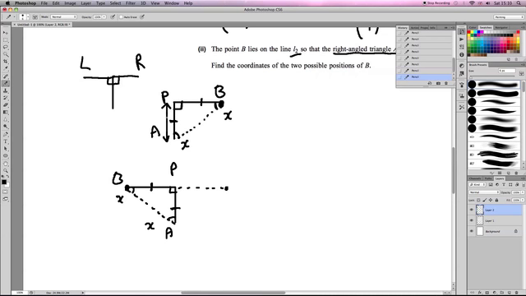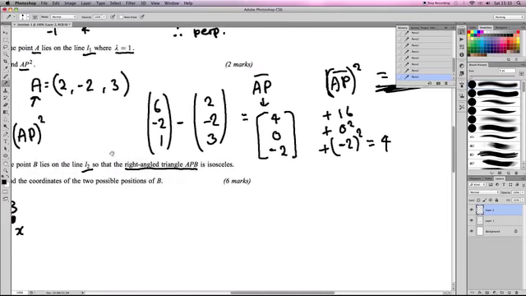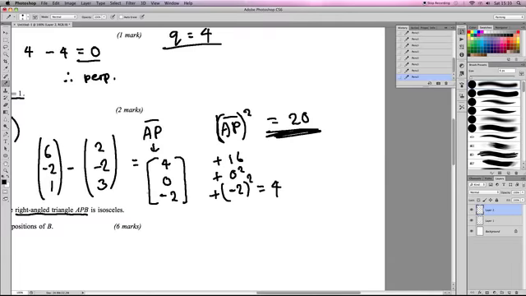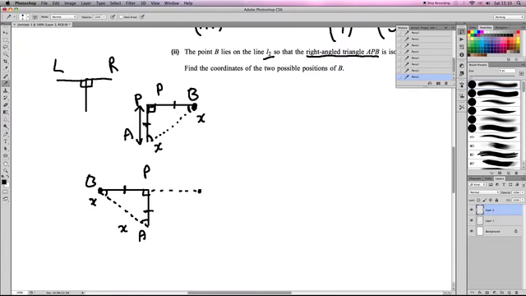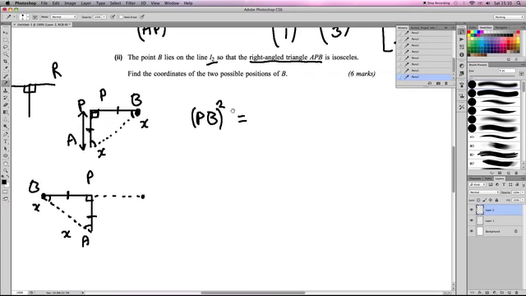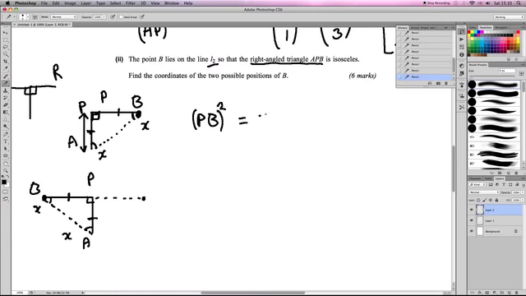If you arrive at an isosceles triangle, they've got two equal lengths here. If the right angle is here, then it's got to be these two lengths that have to be the same. So PB must be the same length as AP. So we're going to use our previous answer to help us find a couple of things. So what I want to find is P to B, and the magnitude of P to B squared is going to be equal to 20.